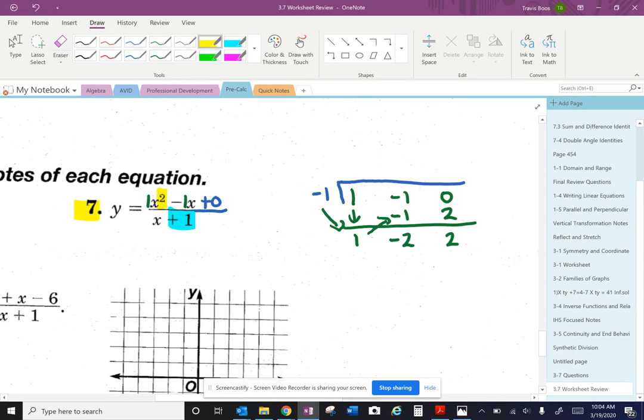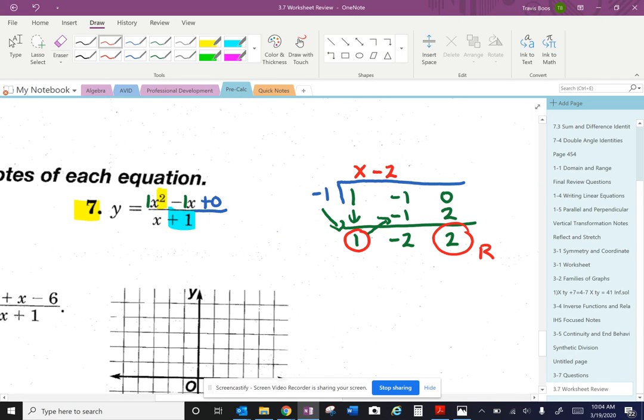The first term is going to be 1 degree less than the degree of the numerator. So I know my first term is going to be x to the power of 1. I'm going to take this coefficient, which is 1, but in math we don't write a coefficient of 1. And then my constant is going to be -2. And then this right here is my remainder.